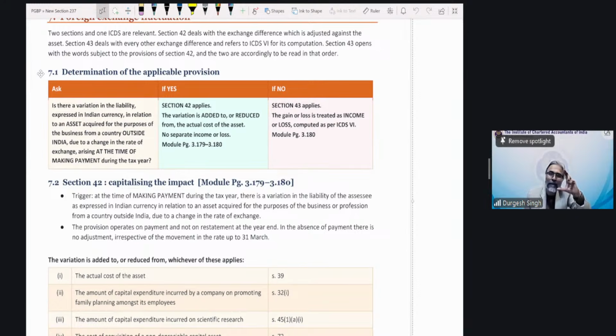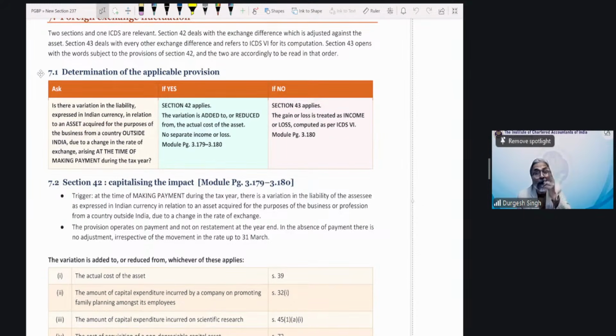Am I supposed to do a recognition of that foreign exchange fluctuation difference? Answer is yes. Section 42 says this is the year of recognition. So the year of recognition is the year of payment of the foreign currency loan.